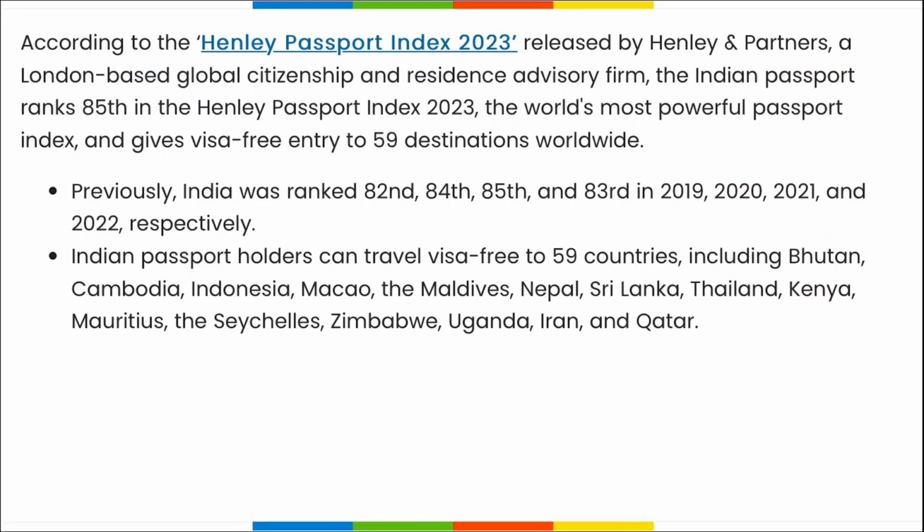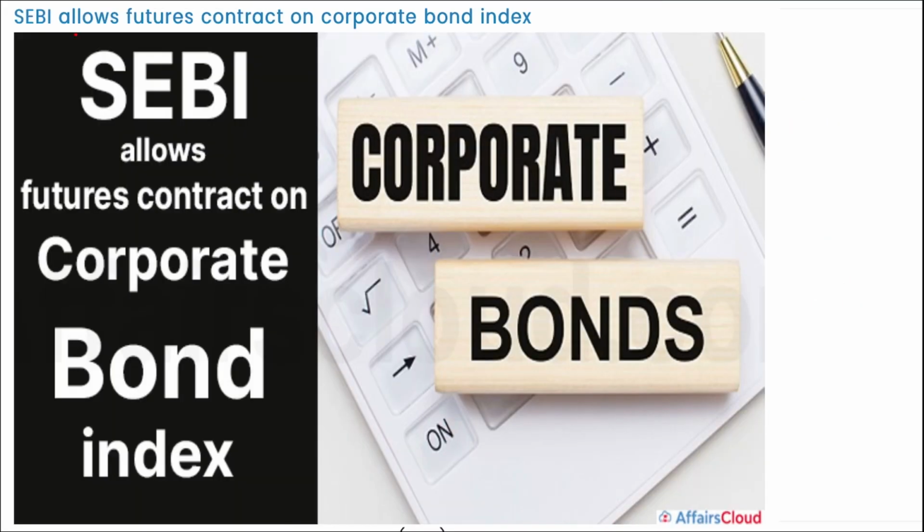Next, SEBI has allowed future contracts on corporate bond index. Recently, RBI provided its in-principle authorization to Hitachi Payment Services to act as a payment aggregator. Payment aggregators are the entities that facilitate e-commerce sites and merchants to accept various payments from customers.